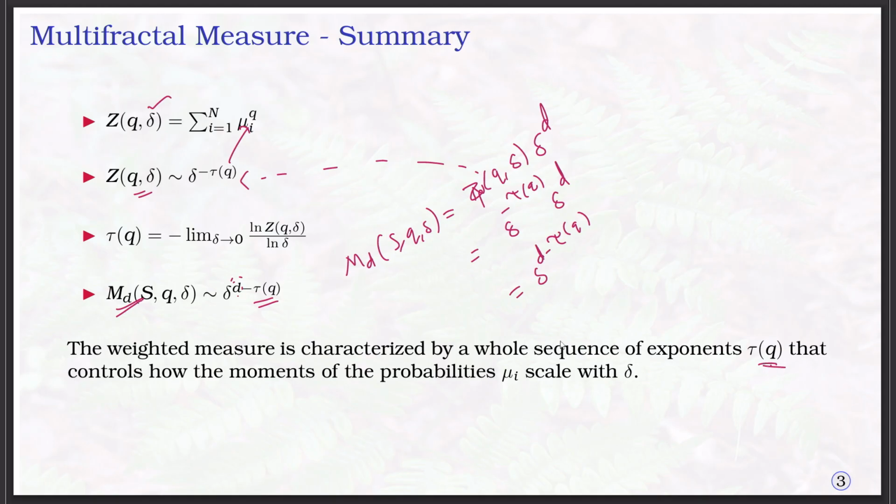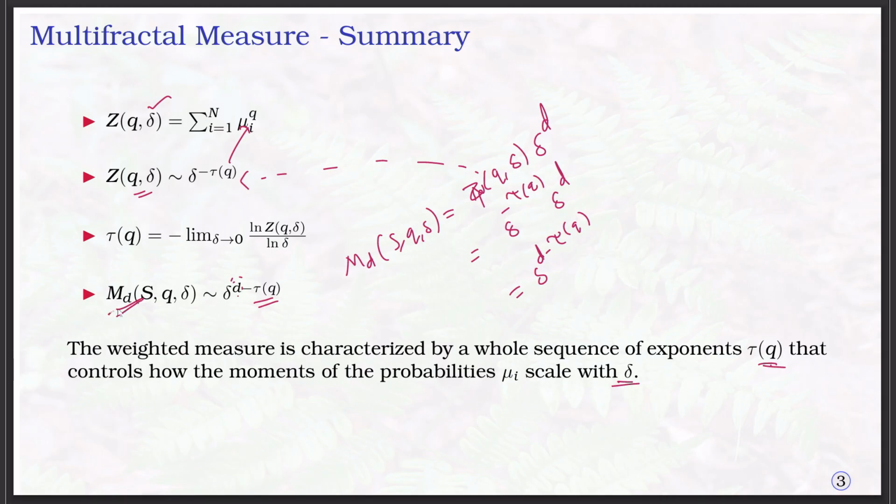So tau q controls how the moment of the probability mu_i scales with delta. For each box we define the measure mu_i and take the moment q. With respect to q, we define tau q through this relation.